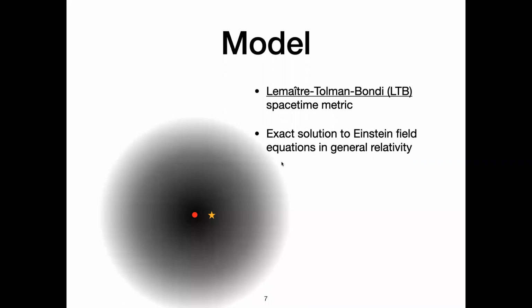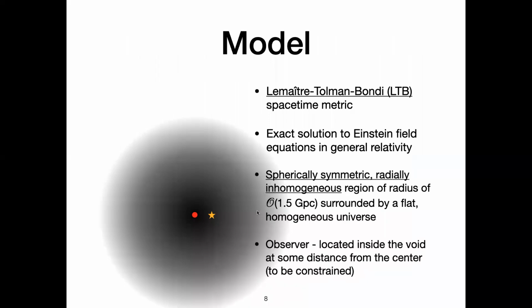This model is a spherically symmetric and radially inhomogeneous region of the size of order 3 gigaparsecs, which is pretty large, and it is surrounded by a flat homogeneous universe. The background figure here is just to help visualize this model.